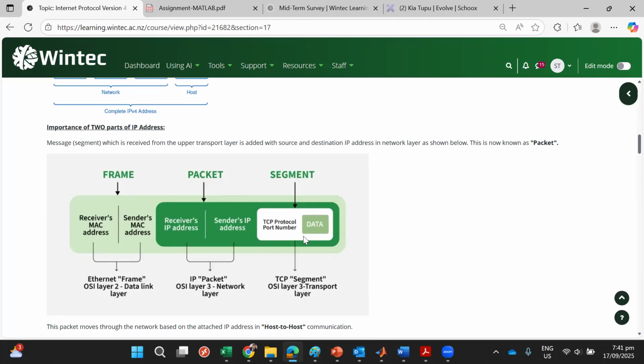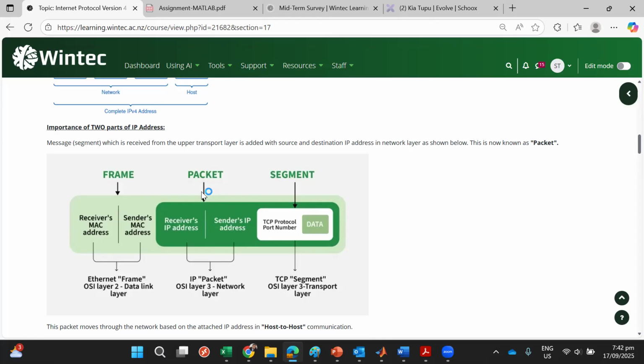That is happening between end-to-end applications. That's why transport layer communication is termed end-to-end communication, and it is done with the port number. Now, whenever you come to the network layer, communication is done from one host to another host, and that is identified by the IP address.